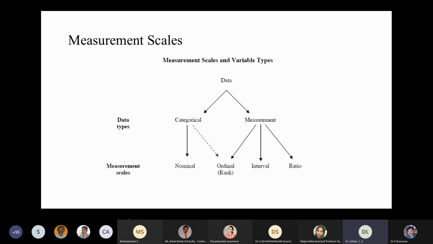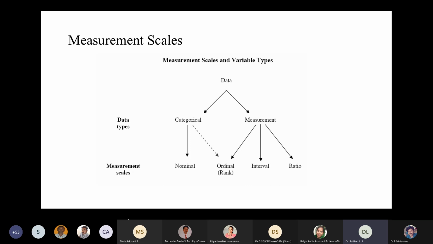Ordinal you can understand: there is an order, whereas with nominal we categorize without any order. The number assigned to each category is up to your own convenience, like 1, 2, 3, 4, 5, and it doesn't carry any differences.